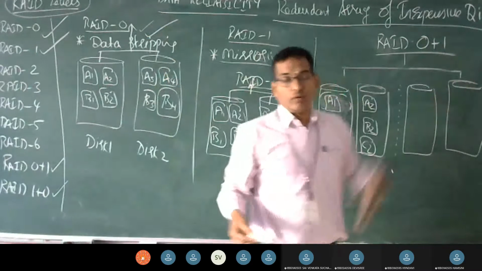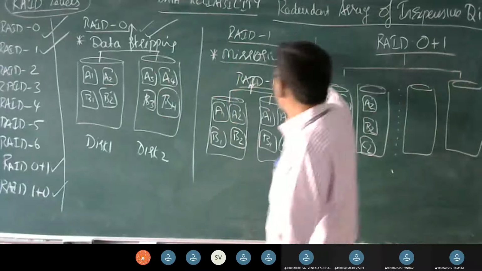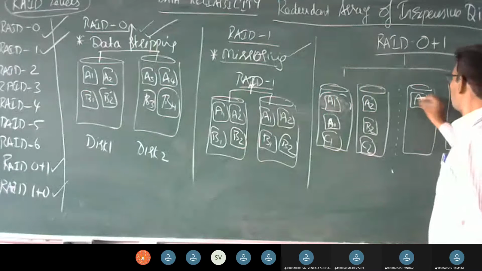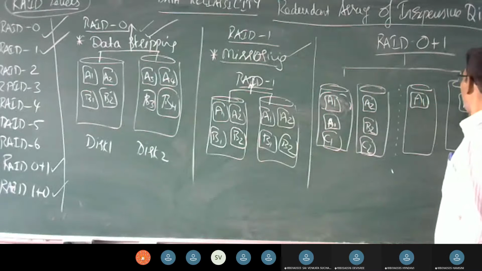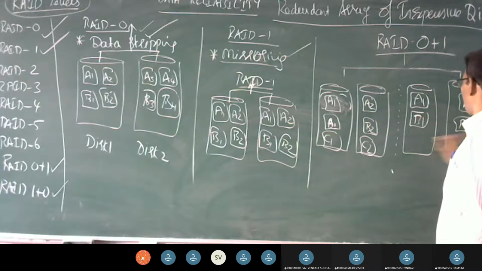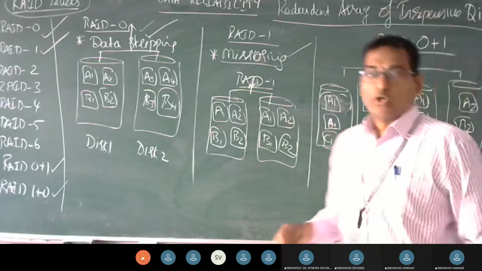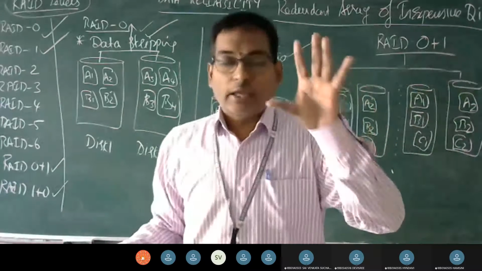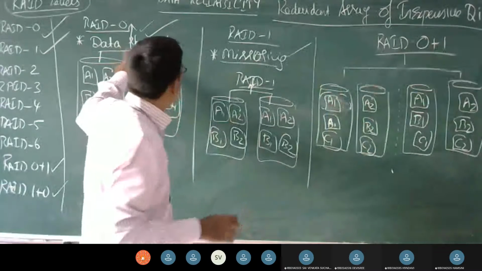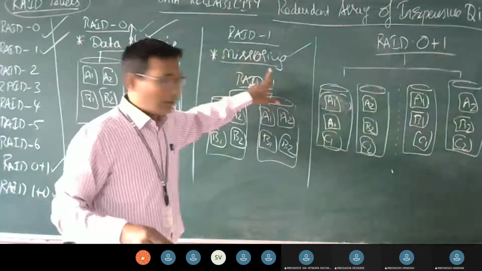It should go with level 1. What is level 1? It has to go with mirroring. That means again it is going to display A1, A2, followed by B1, B2, C1, C2. Right? So it is a unification approach which brings together both data striping and mirroring.